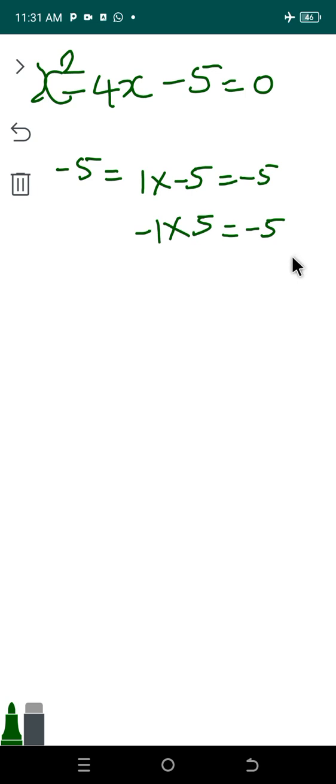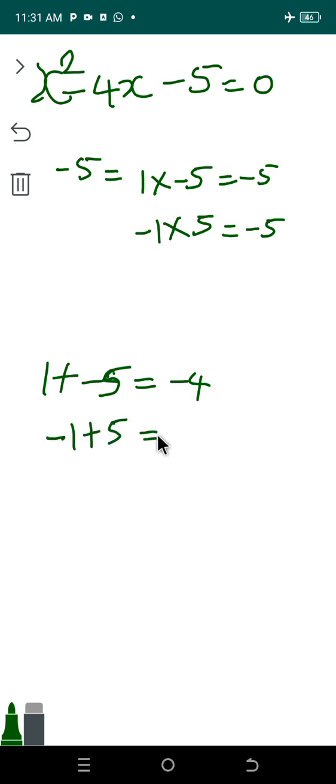For us to identify which pair we are going to use, we need to add each pair of factors together and see which pair is going to give us minus 4. So we have 1 plus minus 5 is equal to minus 4. Then minus 1 plus 5 will give us 4.